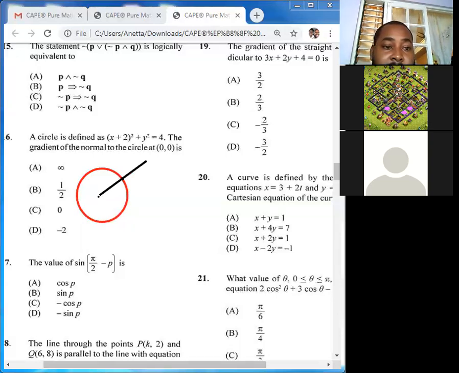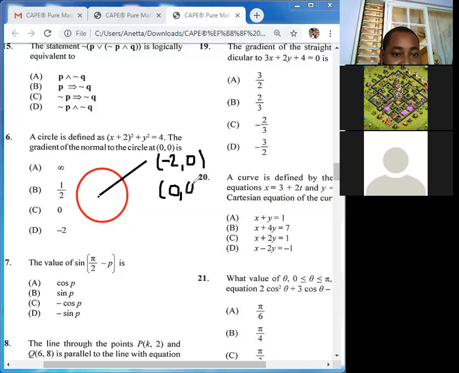So what is the center of this circle? Remember the equation was (x minus h) squared plus (y minus k) squared, and (h, k) is the coordinate of the center. So the center of this circle would be -2, 0. The k value is 0, there's no change here. So -2, 0 is 1 point, and the other point is 0, 0. You could easily find the slope of a line like that, change in y over change in x, rise over run.